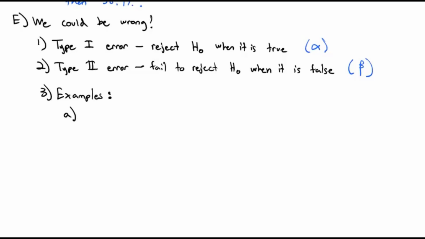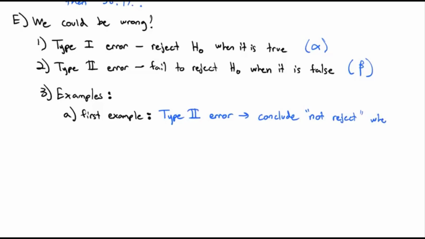So we did two examples today. The first example was about iPhones. And we failed to reject the null hypothesis. We could have committed a type 2 error, where we conclude not reject, or failed to reject, when we should have.